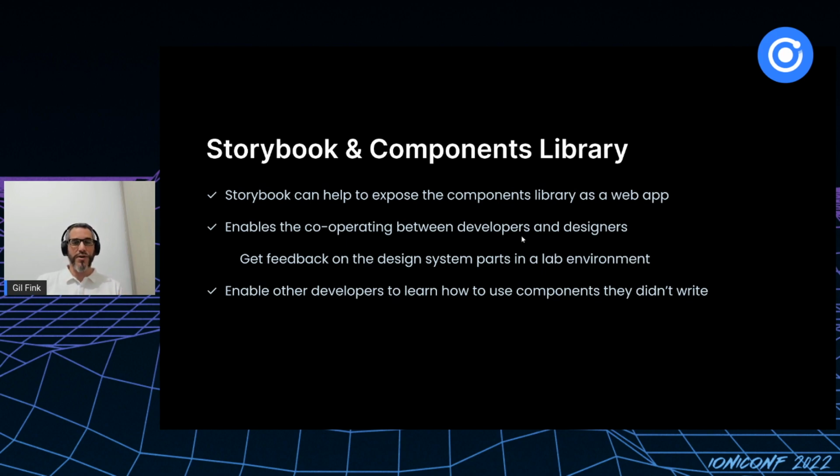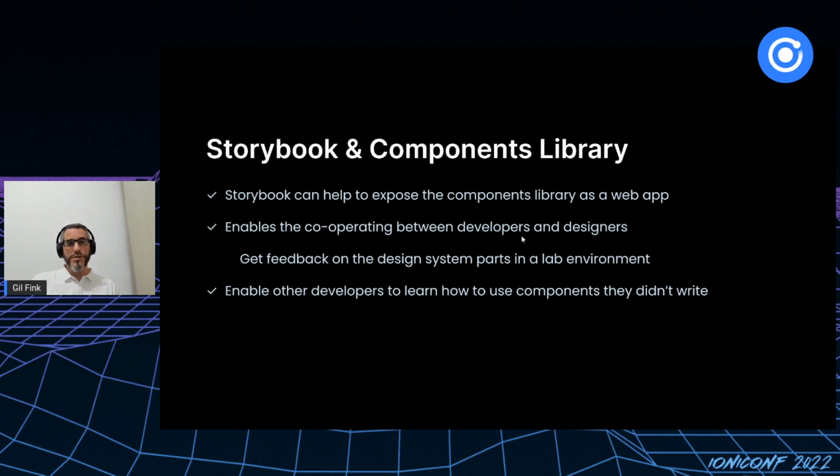If you want to look at the components that you introduced in your design, go ahead, use this URL, and you have a lab environment where you can use the components and test them. If you want to test different languages, internationalization, localization, things like that, or anything regarding the layout that the component should have.